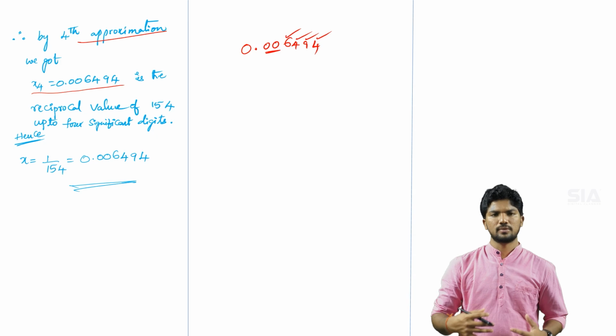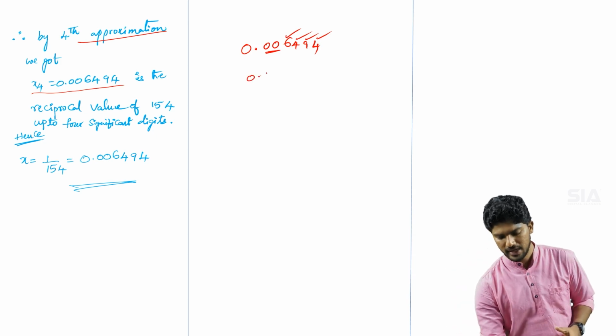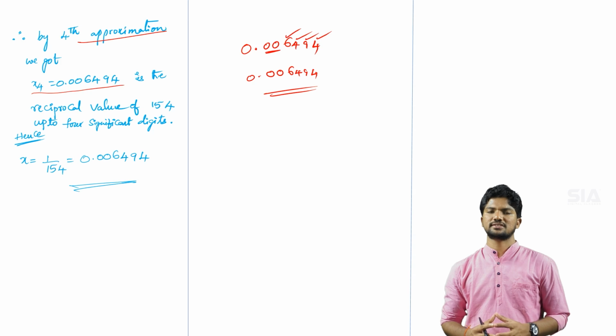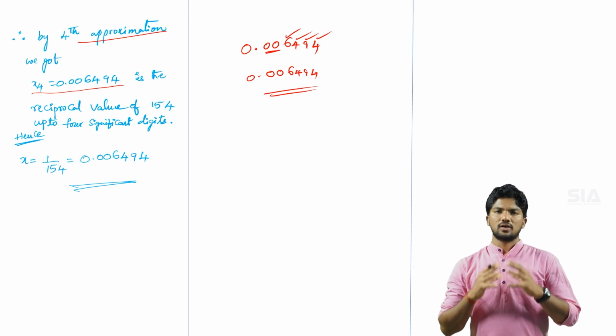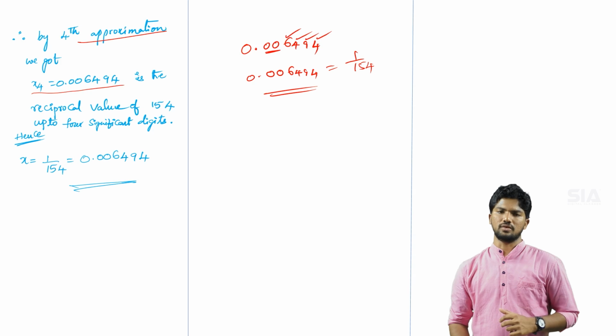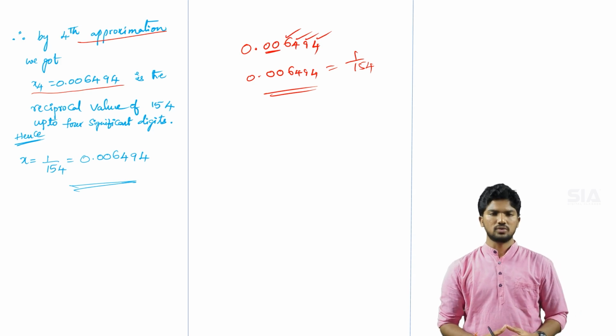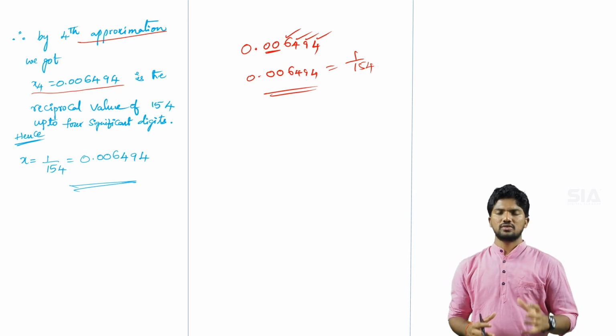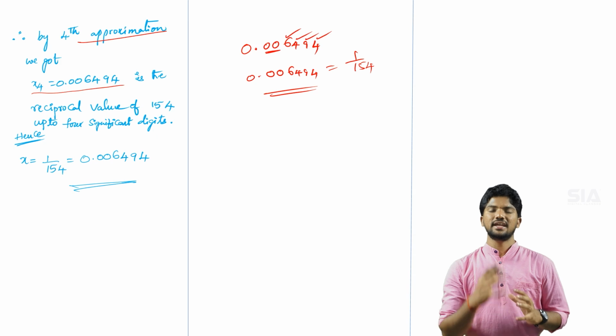Next, if you do the fifth approximation, again you will get 0.0064 only. Why? Because 6494 is the original reciprocal value of 154. So in this format you have to find the reciprocal of any number.